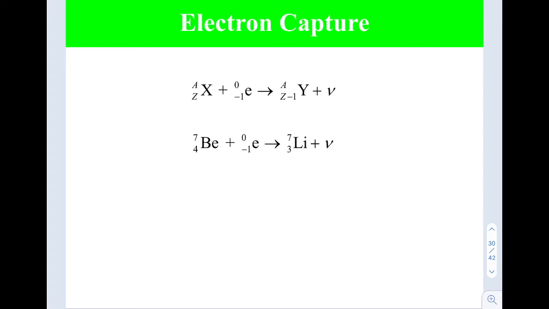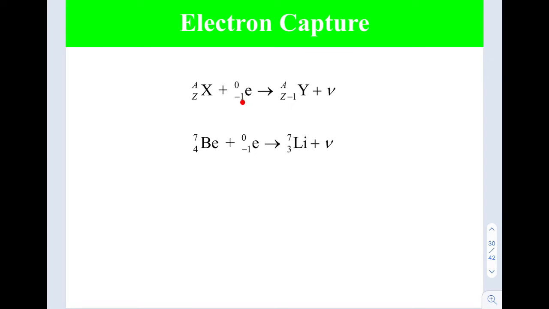Talking about electron capture just now, this is a special case. Instead of the parent decaying to become daughter plus an electron or negatron, the parent can also capture its own electron from its own orbit. If you look at this in detail, you will see there is K capture and L capture, but most of the time it is K capture.